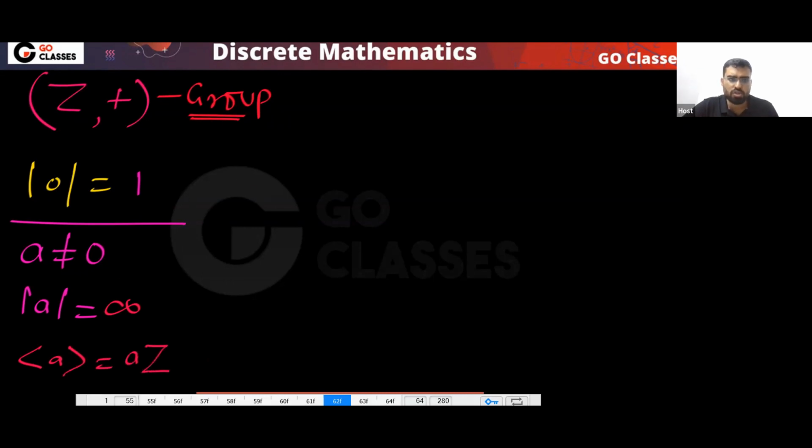So yes or no, in this group every element other than the identity has infinite order. The identity has order 1.